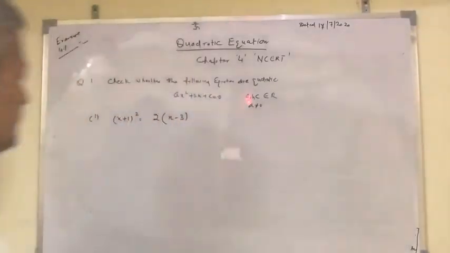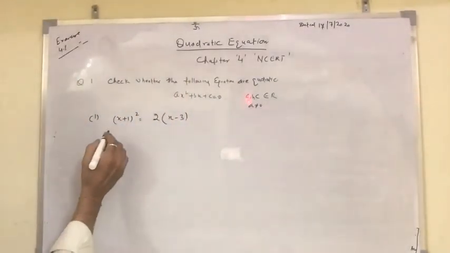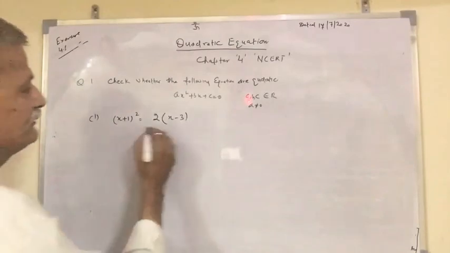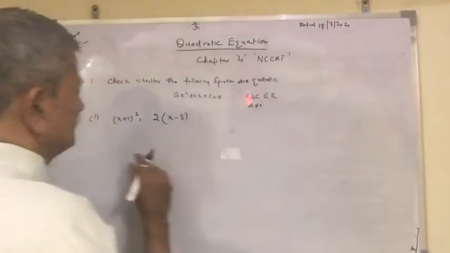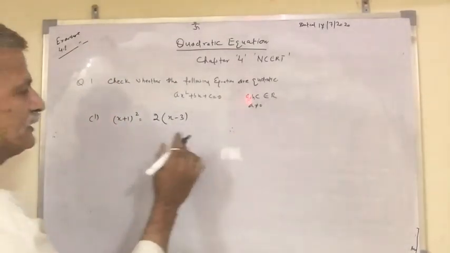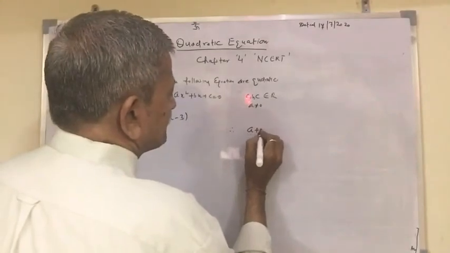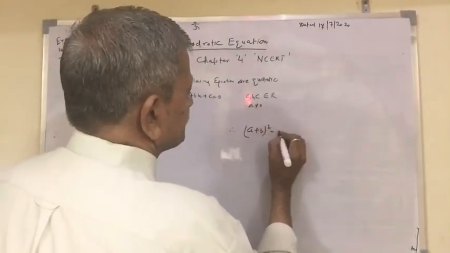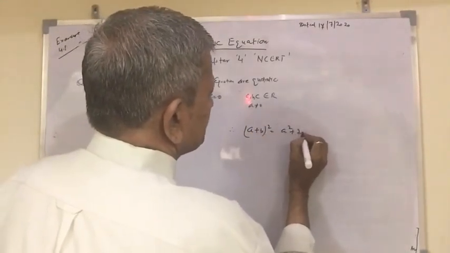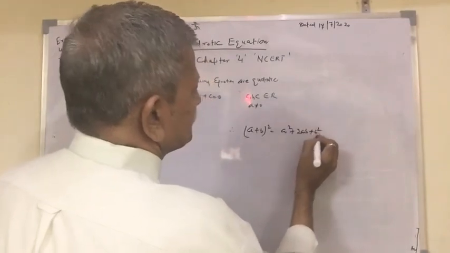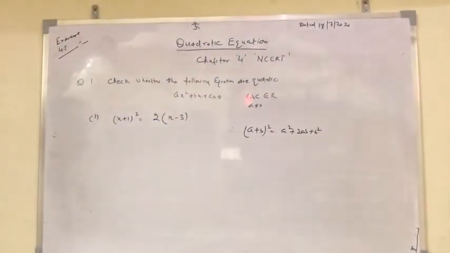You are well aware that a plus b whole square is equal to a square plus 2ab plus b square. You learned this in the previous class, that is in 9th.